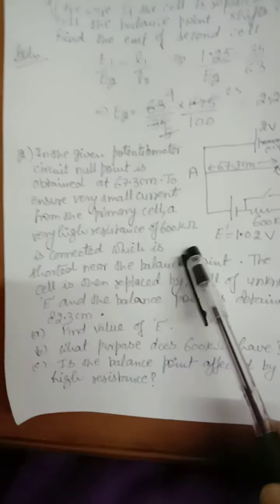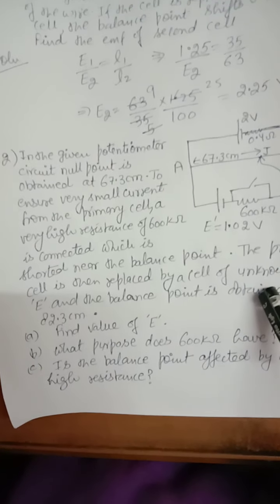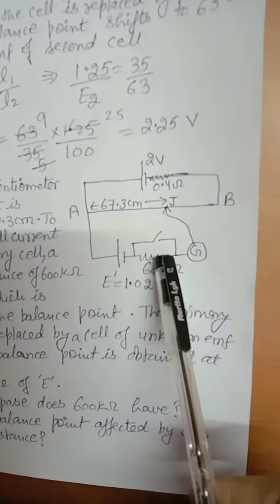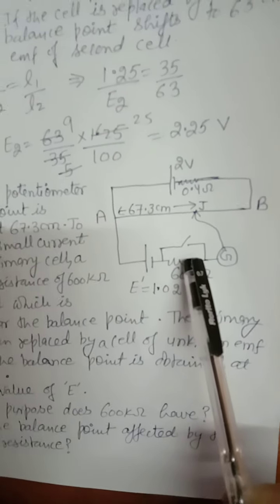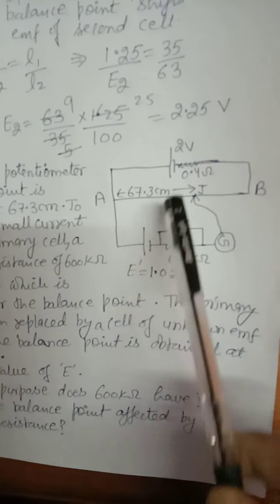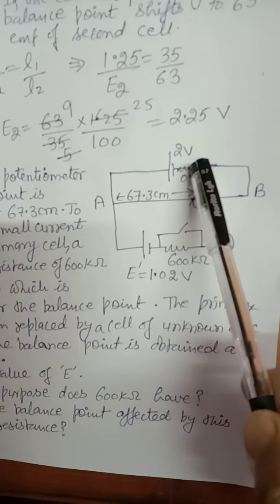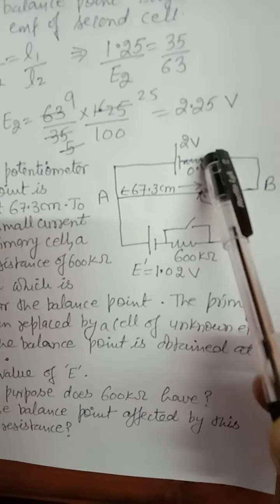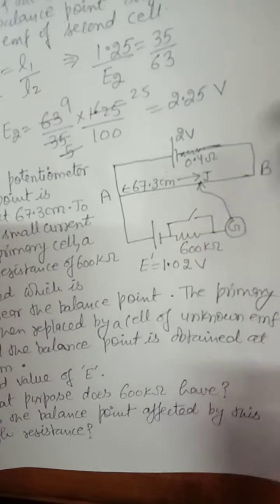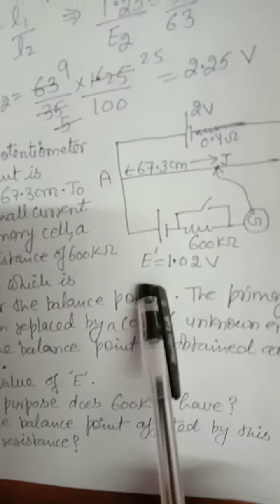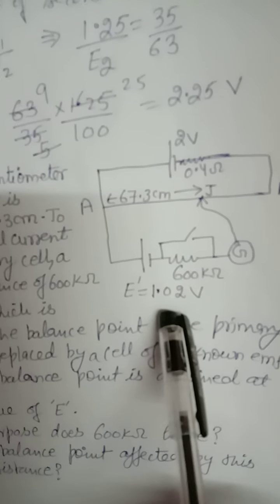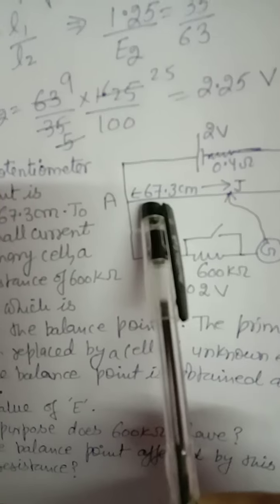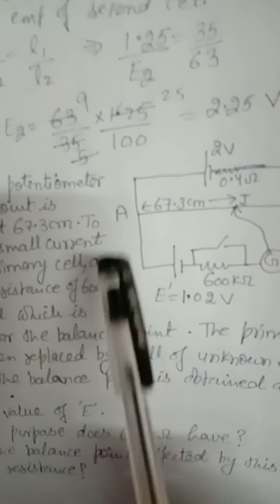Now this question is a very lengthy question, and this was asked in 5 marks. In this question, a diagram of potentiometer is given. This is the driver cell whose EMF is 2 volt and internal resistance is 0.4 ohm. Then a primary cell is taken of EMF 1.02 volt and the length of null point was 67.3 centimeter.